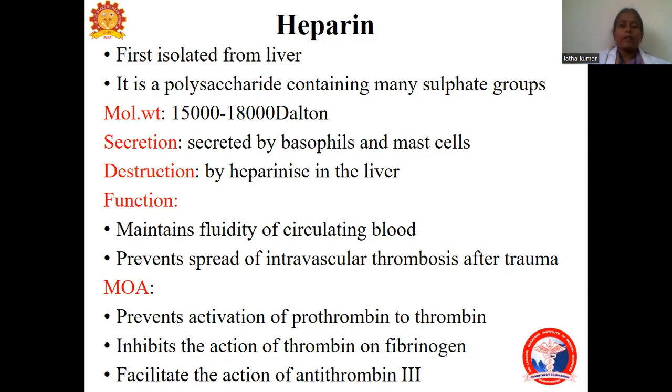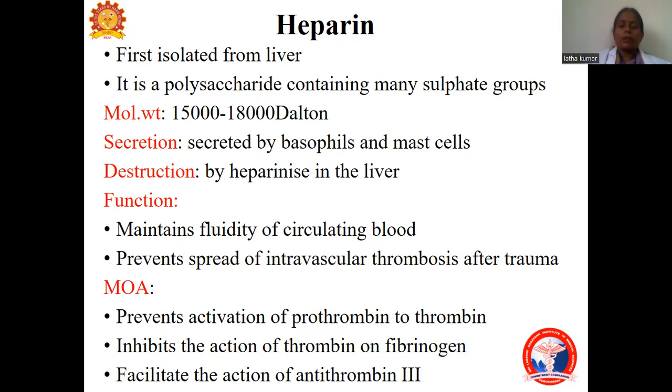The main functions of heparin are to maintain fluidity of the circulating blood and to prevent the spread of intravascular thrombosis after trauma. The mechanism of action of heparin: it prevents the activation of prothrombin to thrombin. In the hemostatic mechanism, the conversion of prothrombin into thrombin is one of the important steps.